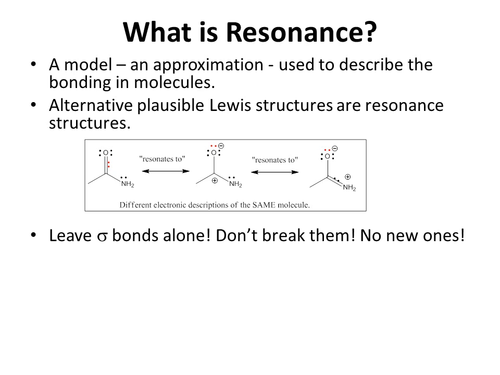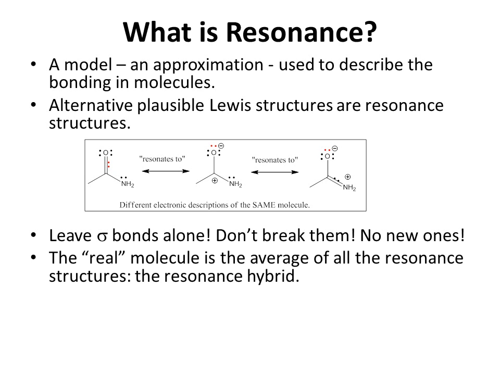Now, what is the real molecule? We can say that it's the average of all of those resonance structures that we drew that are plausible. We call this real molecule, which I do put in quotes because, of course, it's still an approximation, the resonance hybrid.